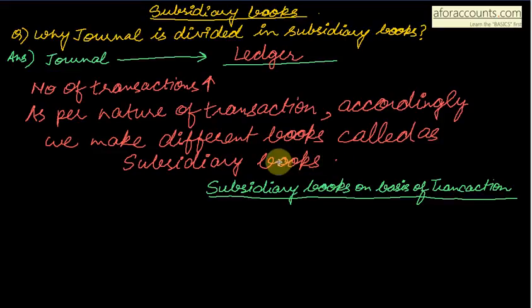So by now you must have understood. Let's see how subsidiary books can be divided on the basis of transaction. This we have done earlier, just revising it.